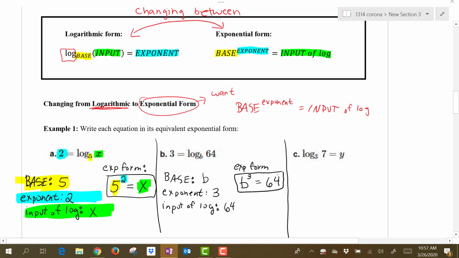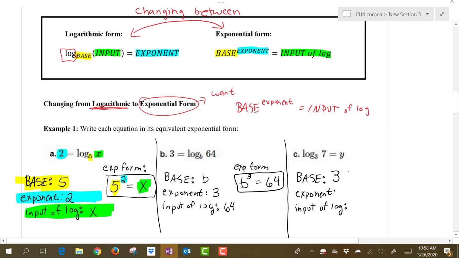Okay, part C. We're going to do the same thing. We're going to switch from log form to exponential form. So you just want to take a minute and write down the three moving parts: the base, the exponent, and the input of log. What's the base of this log? Well, the small number to the bottom right of the word log is 3.